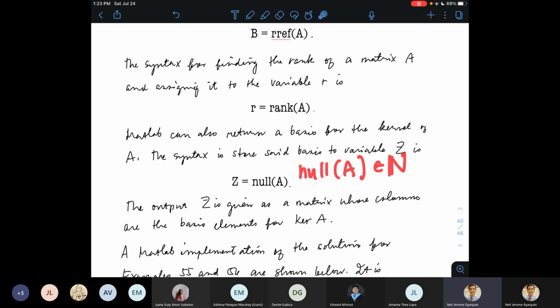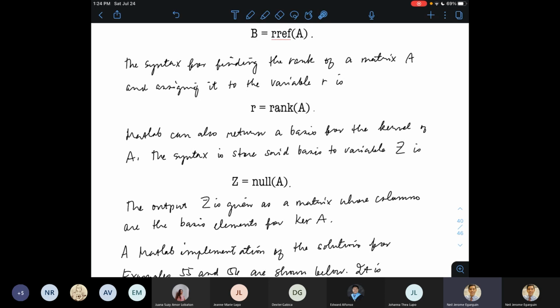Right? Number of basis elements ng kernel ni matrix A. But in MATLAB, if you ask it to find null(A), it will give you a matrix whose columns form a basis for the kernel of A.